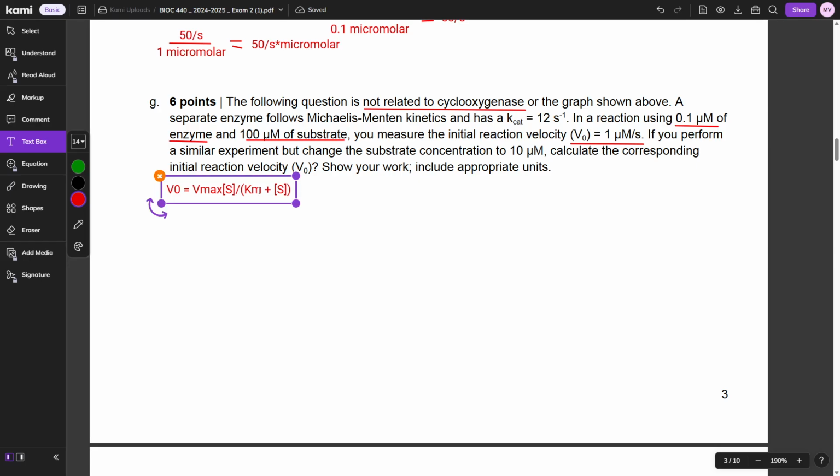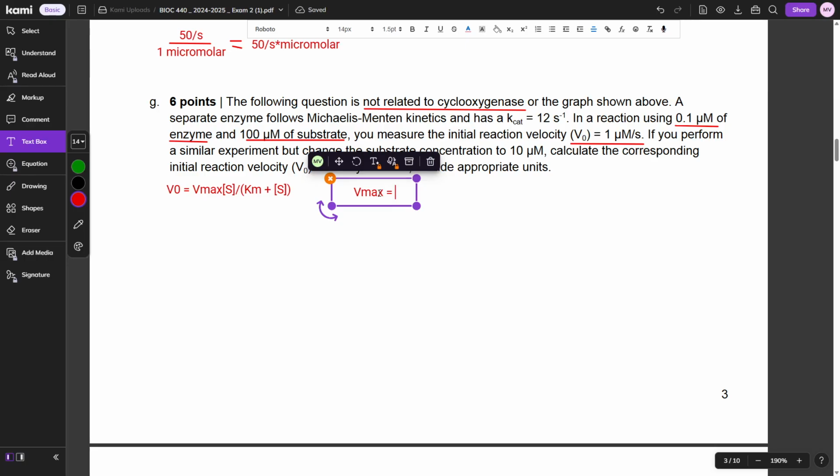But anyway, we need this equation. And the issue here is that we can calculate our Vmax really easily. We have the concentration of enzyme and we have the kcat. So that's not hard to do. So why don't we do that? Let's start with that. Vmax equals kcat times enzyme concentration, not substrate.